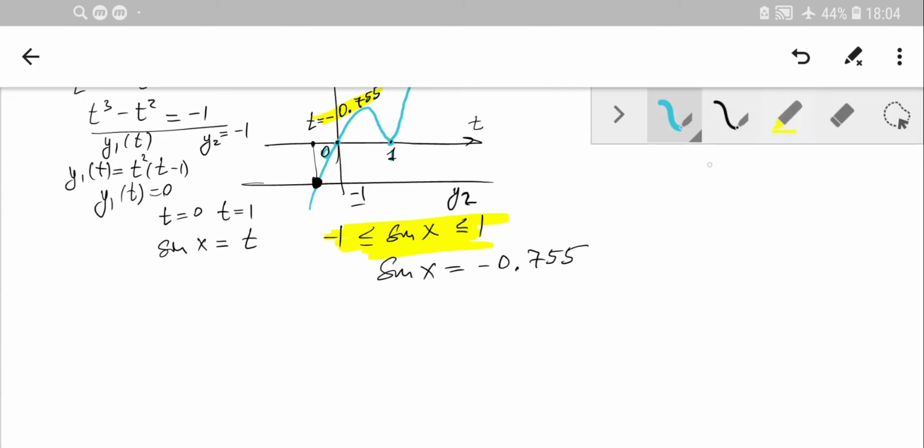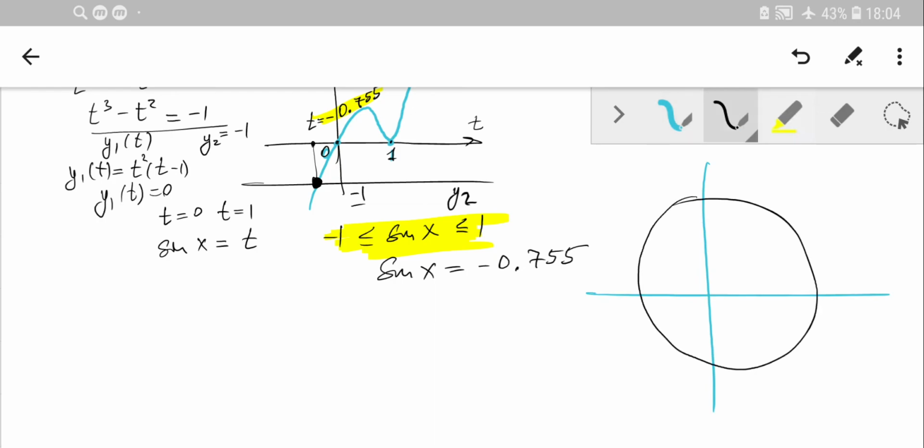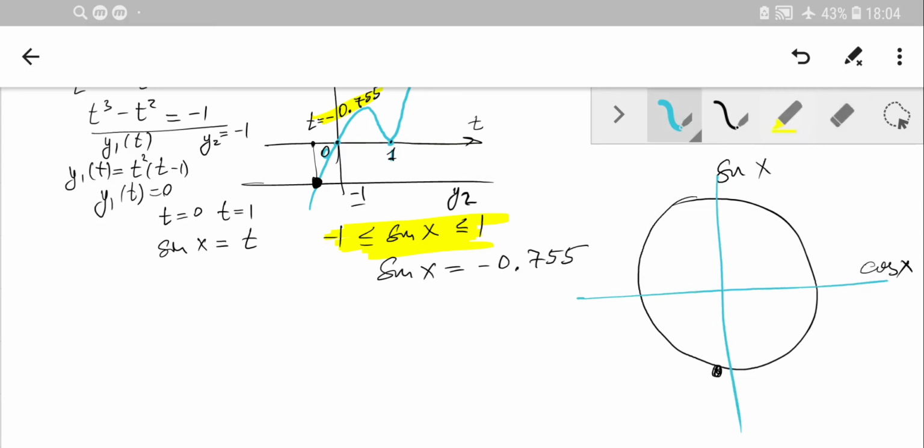Let's draw the unit circle. Sine is always on the vertical axis, and cosine on the horizontal. Let's do it more precisely: this is -1, so negative 0.75 is somewhere here, and we understand that it might be two angles.